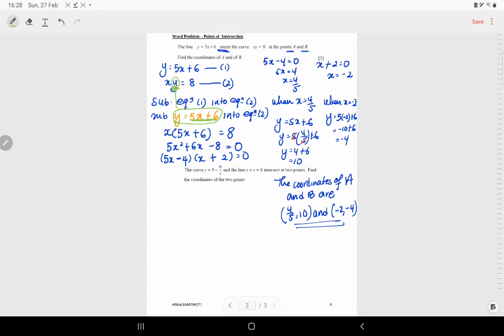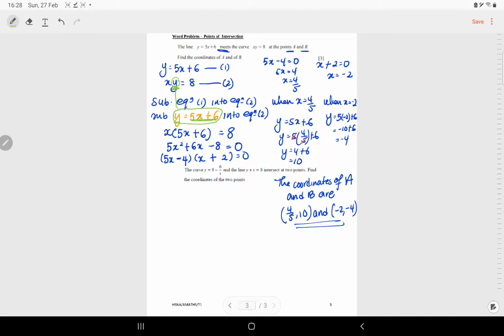Alright guys, the question here already states find the coordinates of A and B. So it means that you need 2 coordinates, 2 x values, 2 y values.